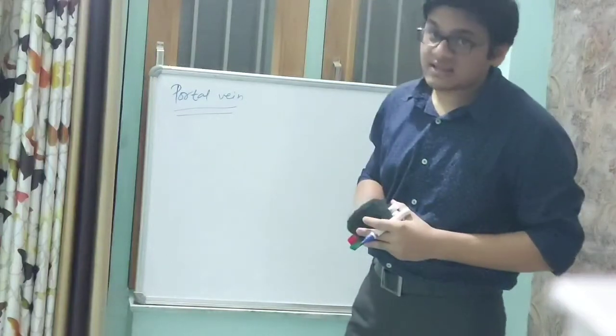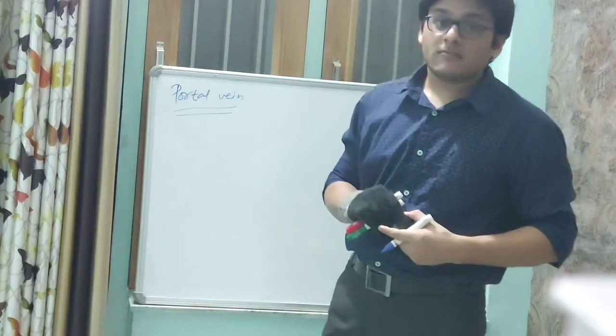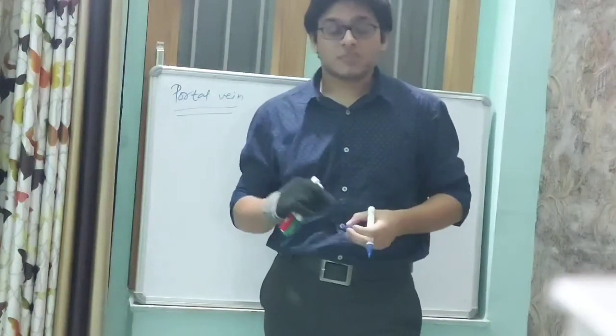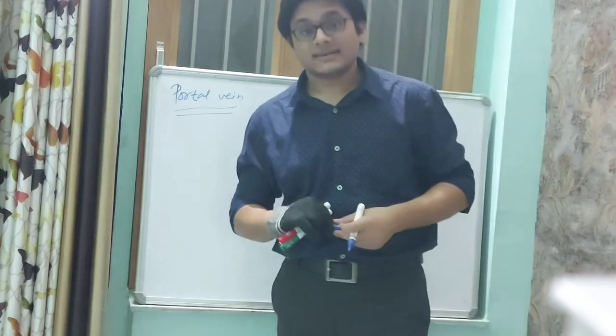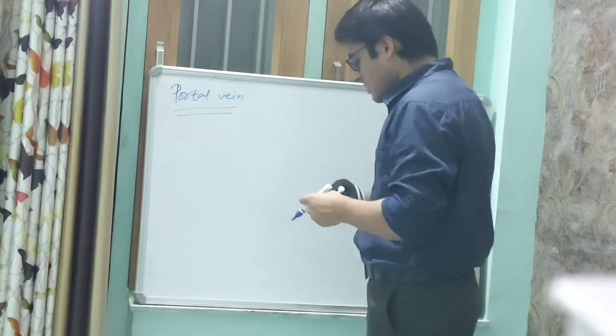So various functions can be achieved through the portal vein, and in case the portal vein is not present or there is a blockage, then it may lead to some important diseases. So let us discuss the portal vein.